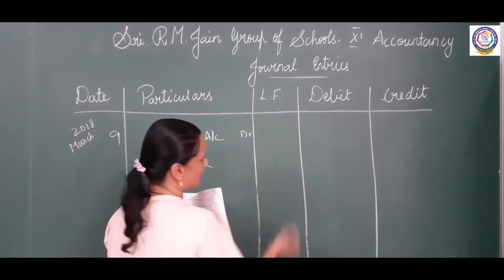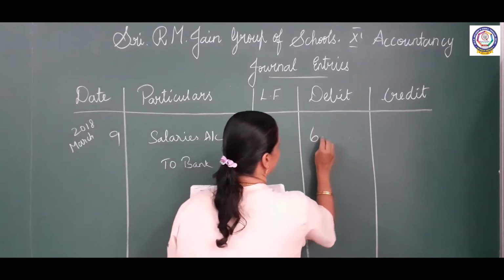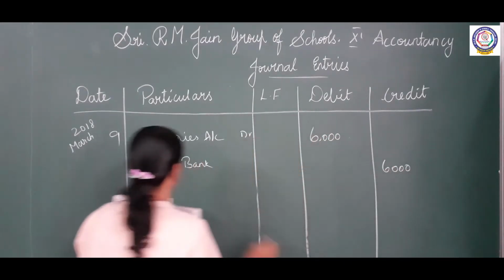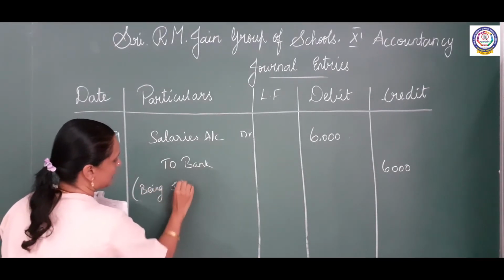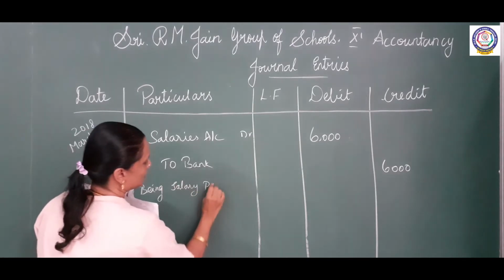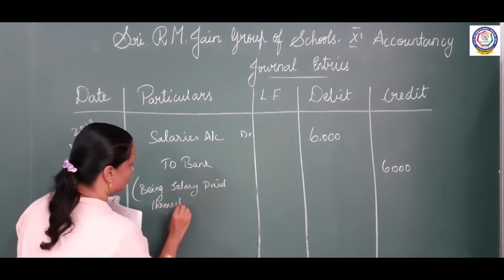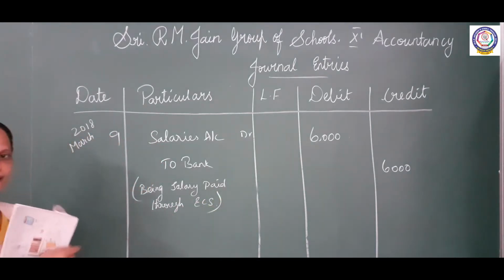ECS in the sense bank only you have to take it. How much? 6,000. So being salary paid through ECS. You have to write like this.